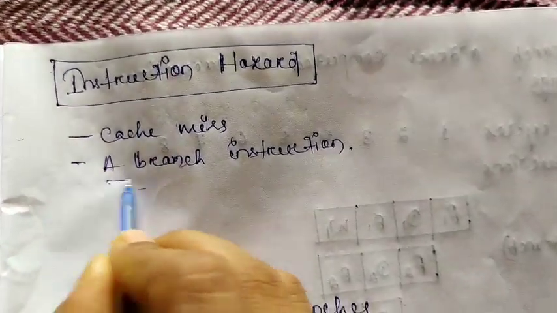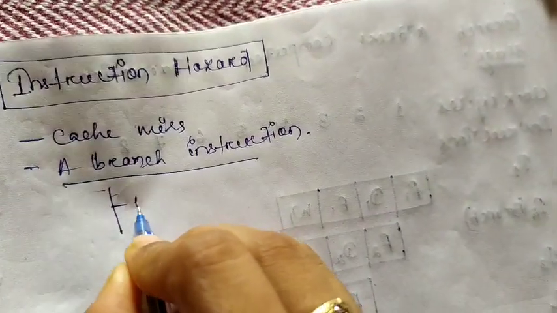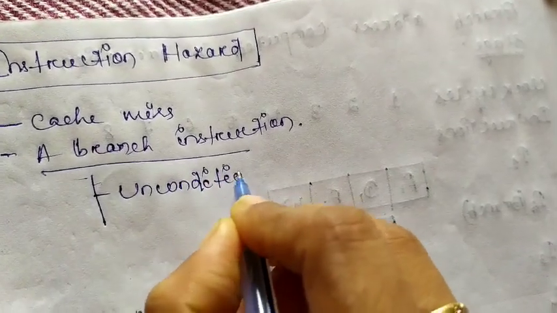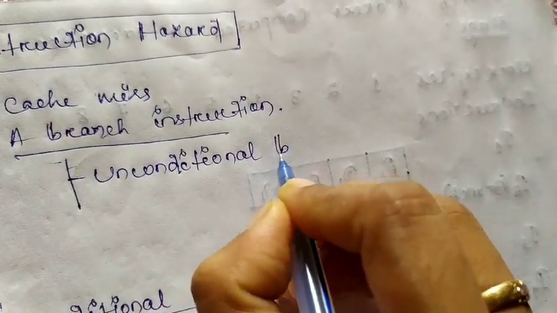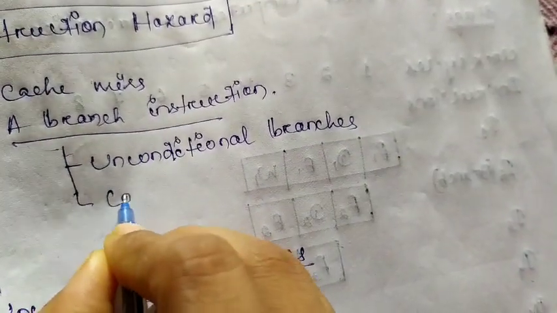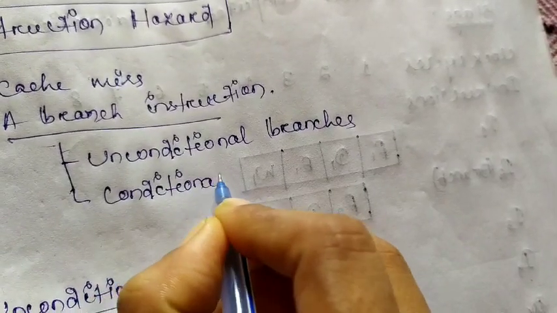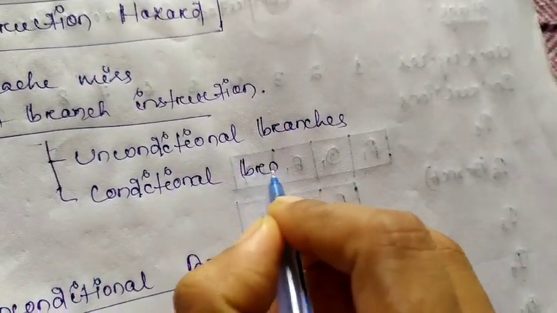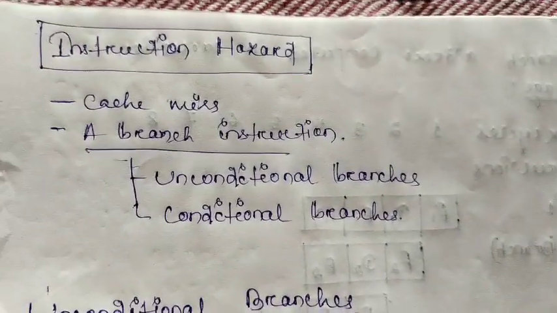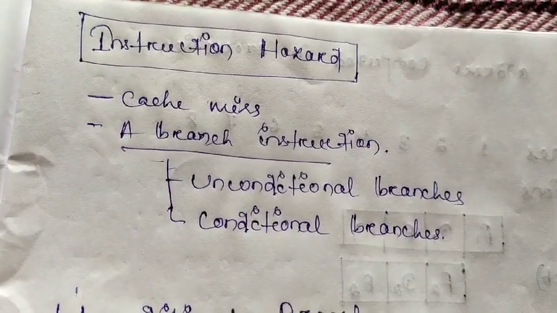So there are basically two types: one is unconditional branches and the other is conditional branches. Okay, so let's see unconditional branches first.